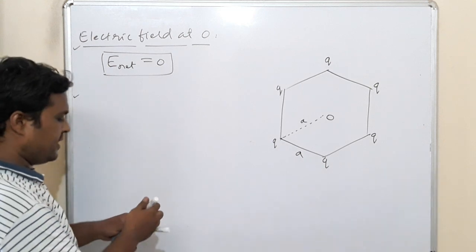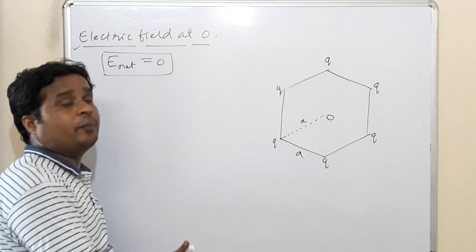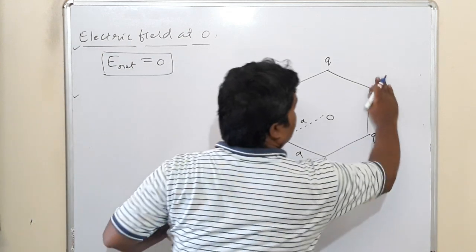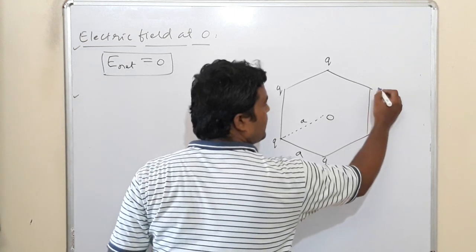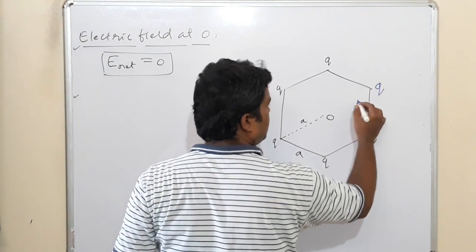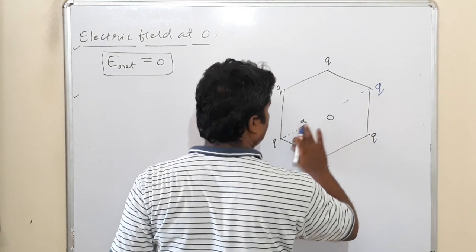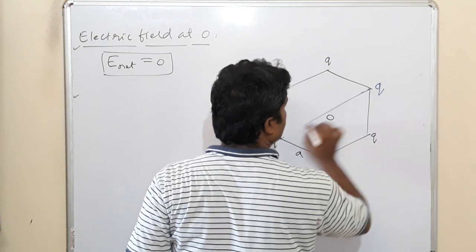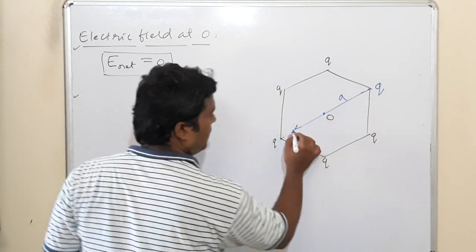If one of the charges is removed, then electric field due to how many charges will remain? If I say that this charge is removed, this alone charge, if it was present, how much electric field would it make at the center? This distance is a.